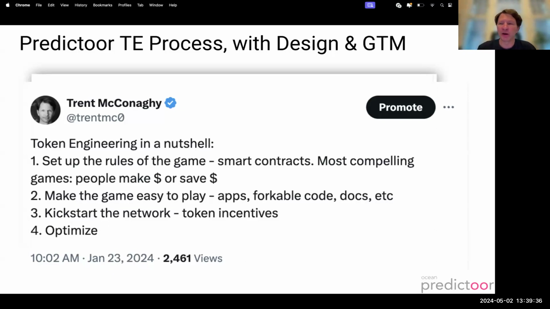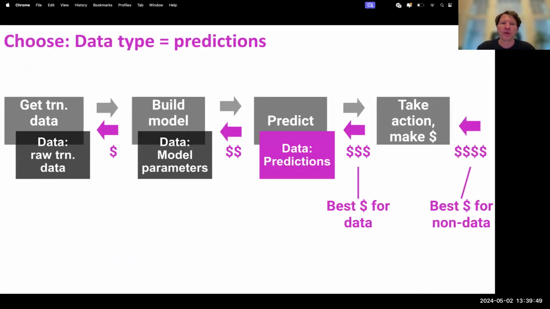And then in the next several slides, what I'm going to do is walk through these, exactly what we did here, putting our money where our mouth is for the Ocean Predictor product. Okay. So first of all, we said, what data type do we want? Is it going to be around raw training data or model parameters or predictions? And of course, given the theory I showed you, you're all saying, of course, Trent, predictions.